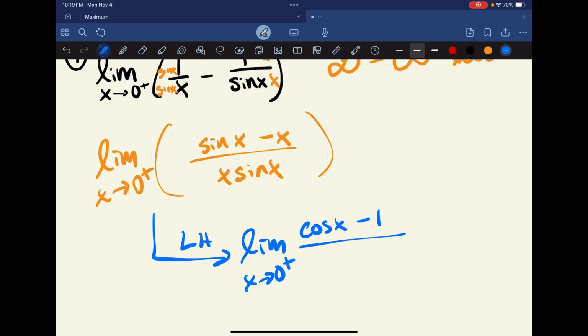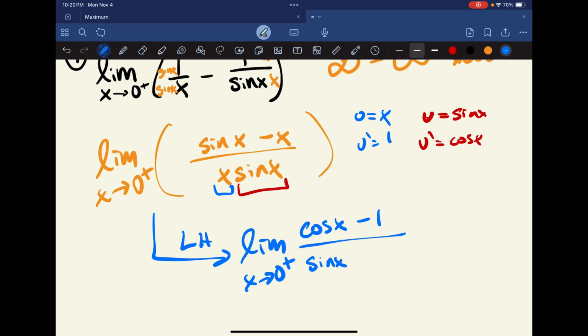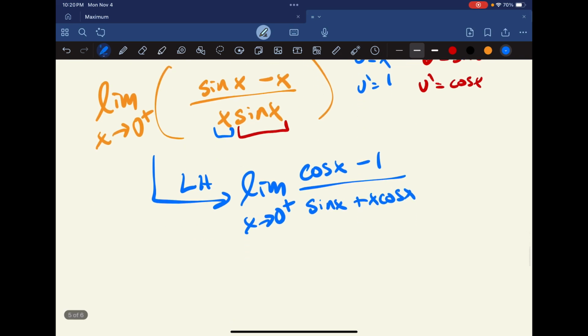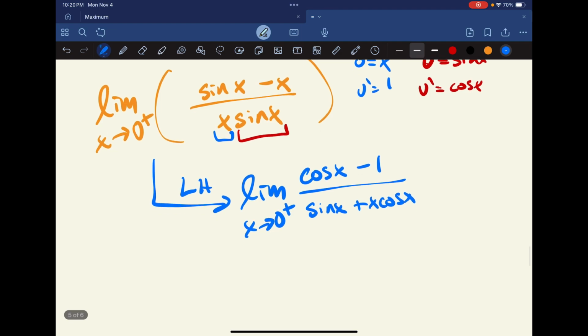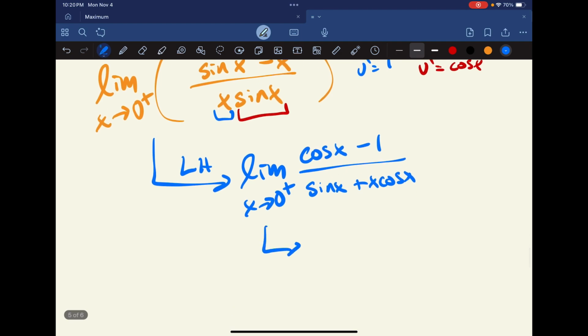And then divided by x sine x, this is going to be a chain rule where we got u equals x, u prime equals 1, u equals sine x, and u prime equals cosine x. So then that becomes sine x plus x cosine x.